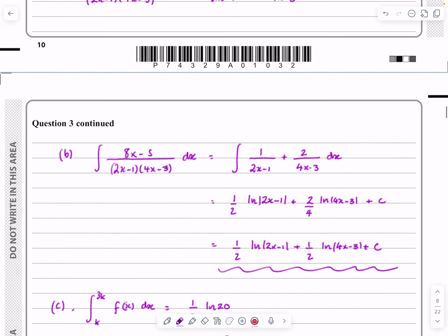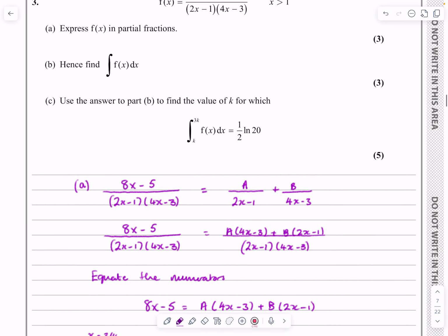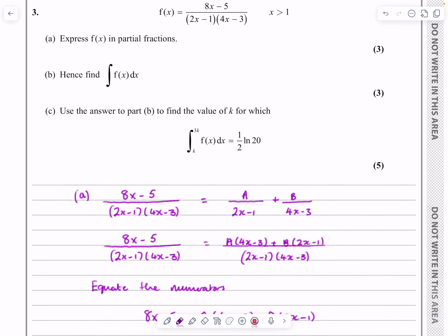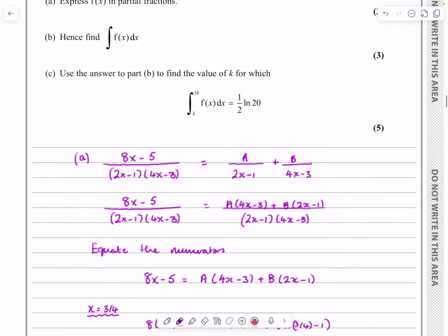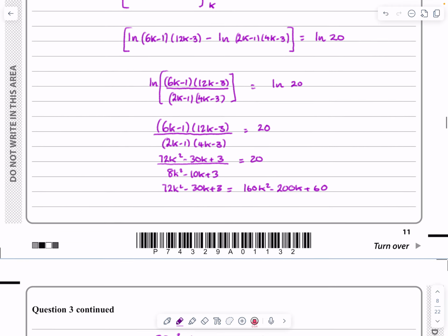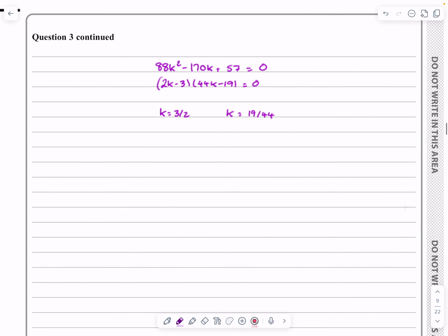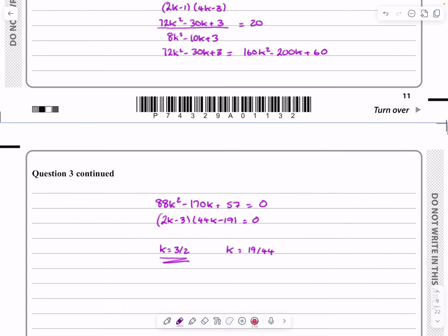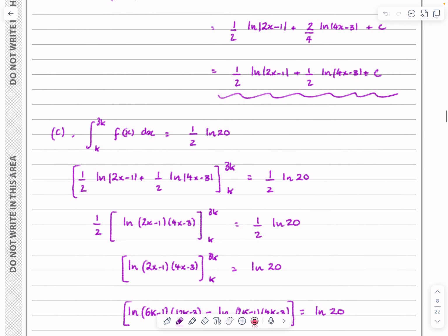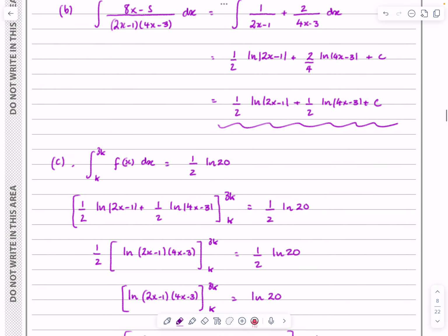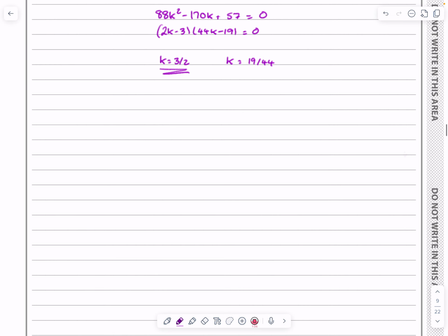Then going back to the question, find the value of k for which this works. So we're only taking k equals 3 over 2. If you do 19 over 44, you'll actually get a negative when you're doing the other part of the question. So we have to take k equaling 3 over 2.